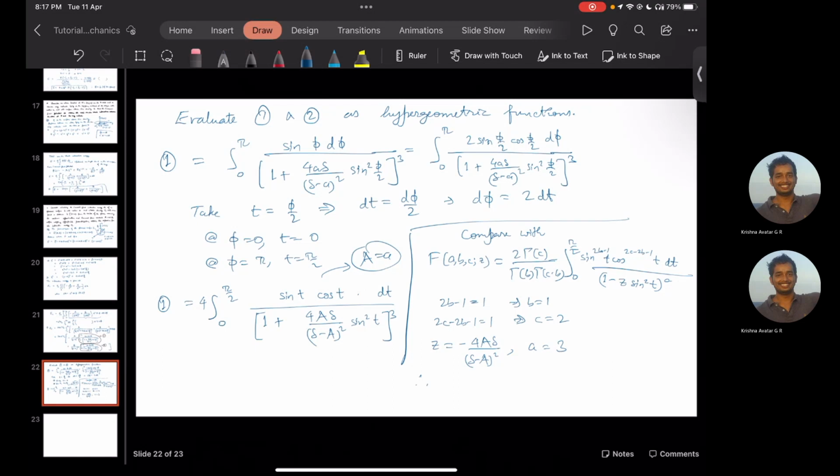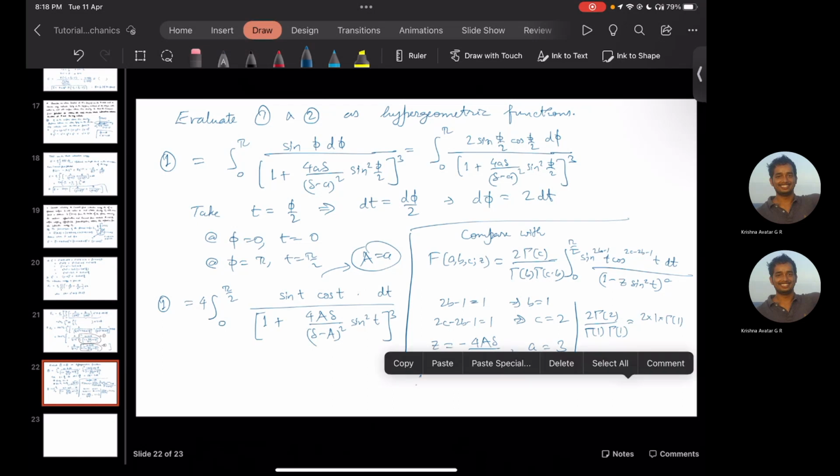And then also, using this, let's evaluate 2 gamma c by gamma b. I'll write it as 2 gamma c is 2, and gamma 1, and gamma 2 minus 1 is 1, right? So you'll have 2 into 1 into gamma of 1 divided by gamma 1 is 1. So all that we have is 2. Is it not?